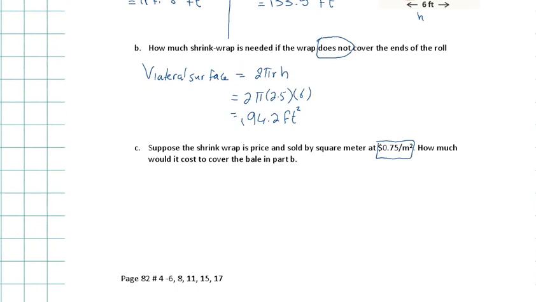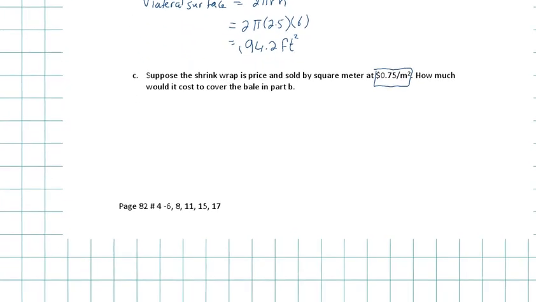But remember, 1 foot equals 0.3048 meter. What do I do to make it squared? I have to put the square on. I have to square each of them. Remember, because this is squared, this is squared, so I have to square it.